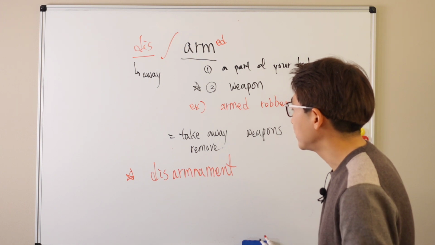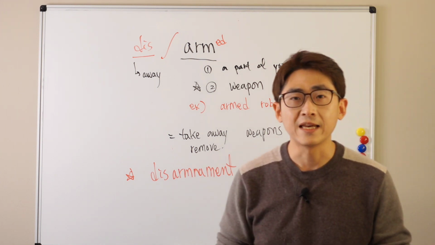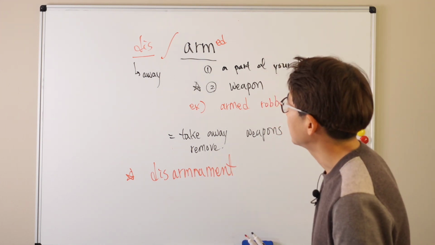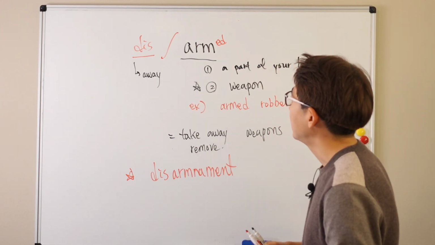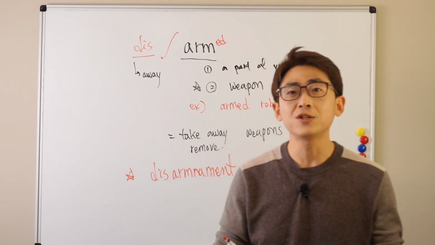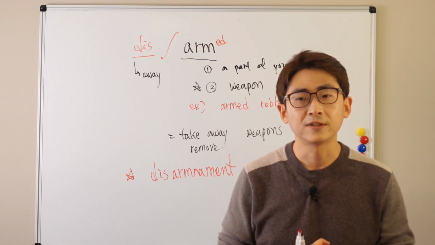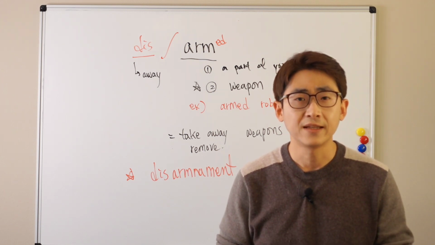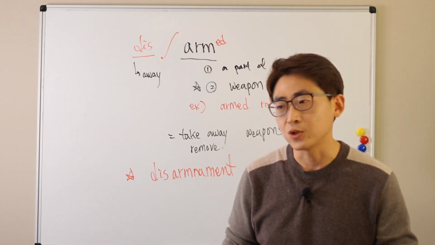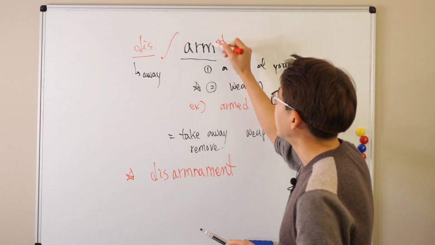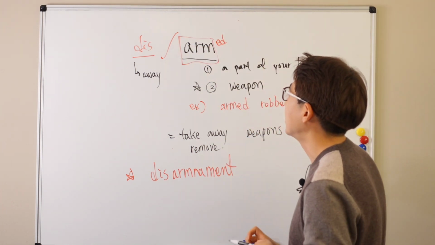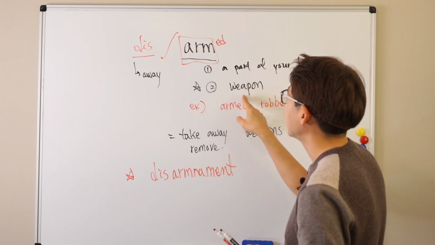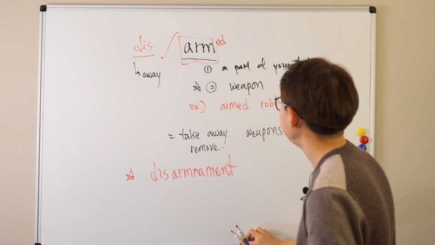So they are trying to do disarmament of ISIS. Okay, so this word is super important, and always know that in English, a simple word can have more than one meaning, and that's usually the case. So you have to understand that words like arm can mean something like weapon.